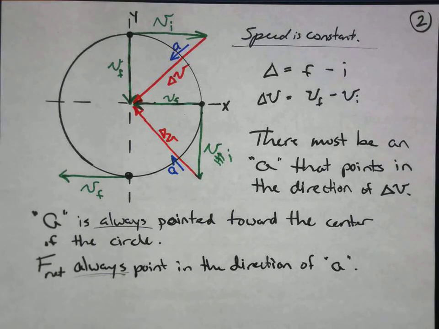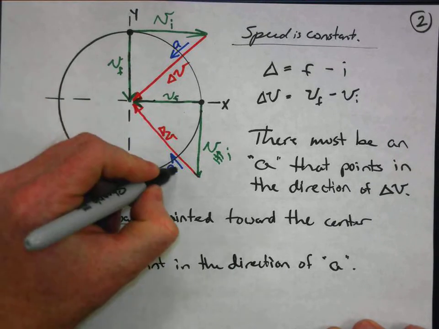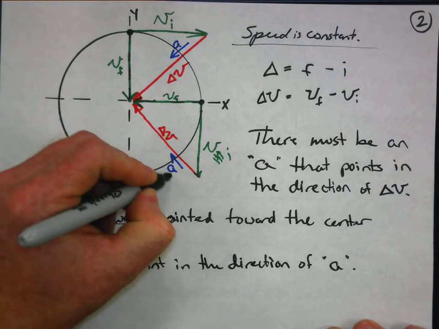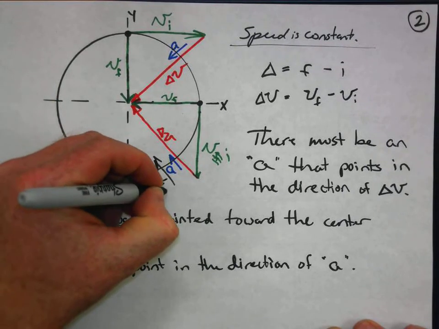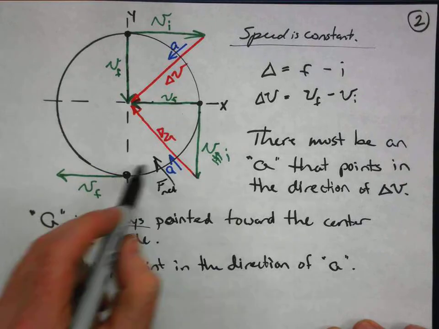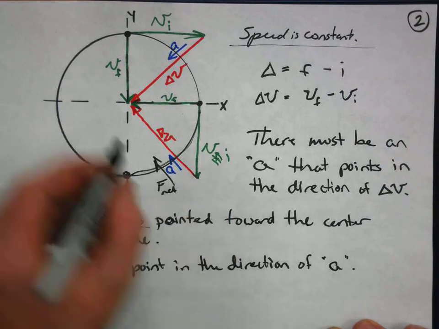So, what I have going on is I can say, look, okay, I found the direction of the delta V. I found the direction of the acceleration. Therefore, on average, I found the direction of the net force. From here to here, between those two locations, the net force is aimed toward the center of the circle.